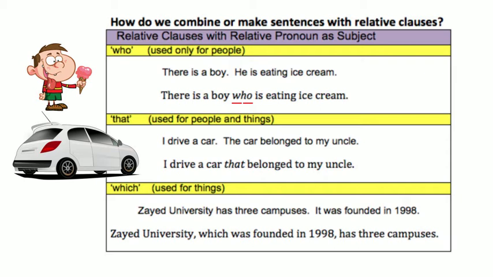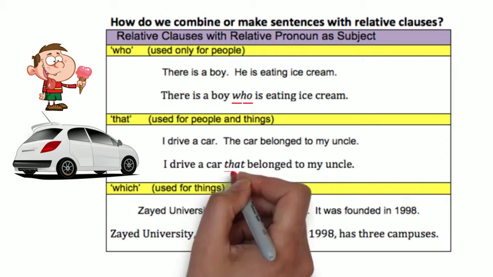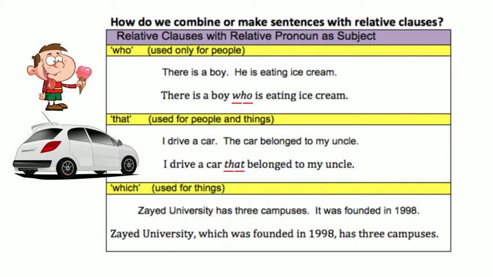I drive a car. The car belonged to my uncle. I drive a car that belonged to my uncle. Which, used for things. Zayed University has 3 campuses. It was founded in 1998. Zayed University, which was founded in 1998, has 3 campuses.